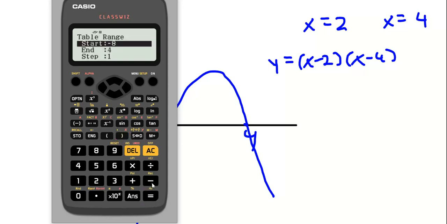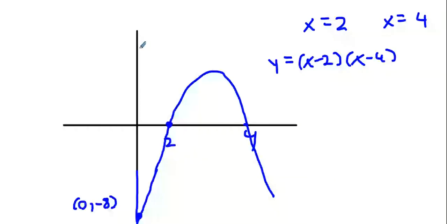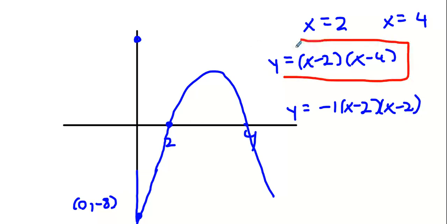I start at, for argument's sake, 0 to 6. Now look, 0, 8. Lads, I don't want it to be 0, 8. I want it to be 0, minus 8. So that's the issue. So, yeah, I can put a minus 1 here.